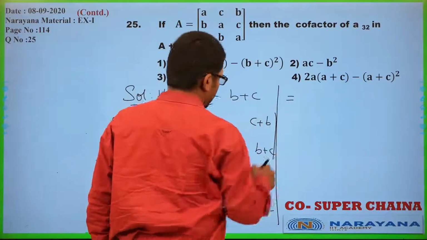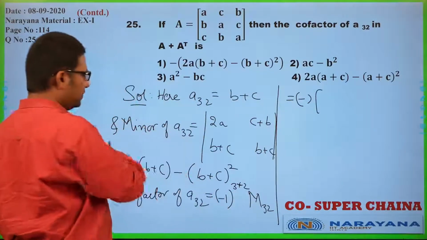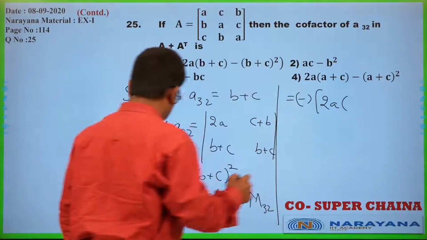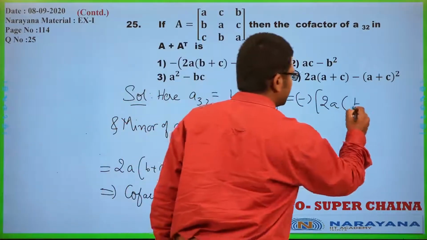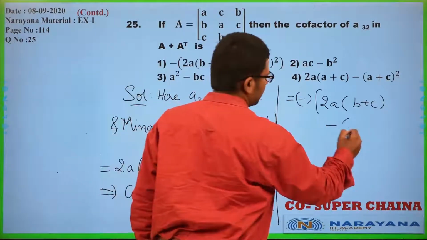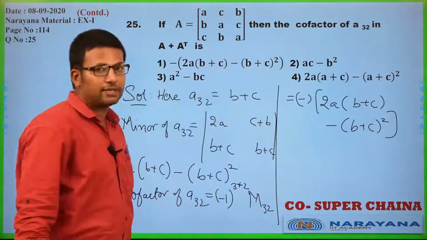This is minus 1 raised to 5, which is minus of M32, which we have already figured out. So let us write this as 2A into B plus C minus B plus C the whole square.